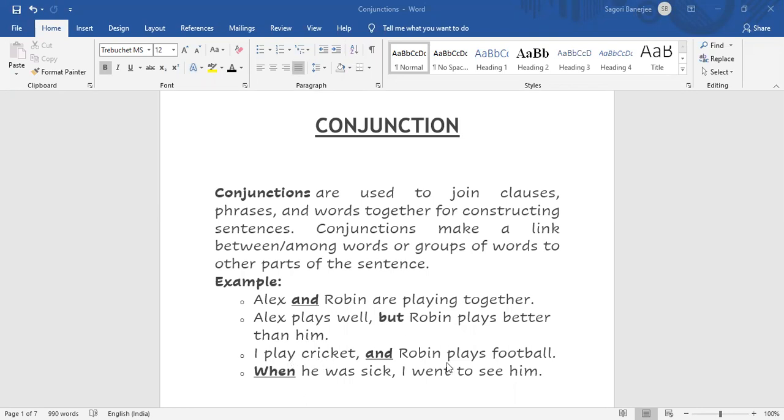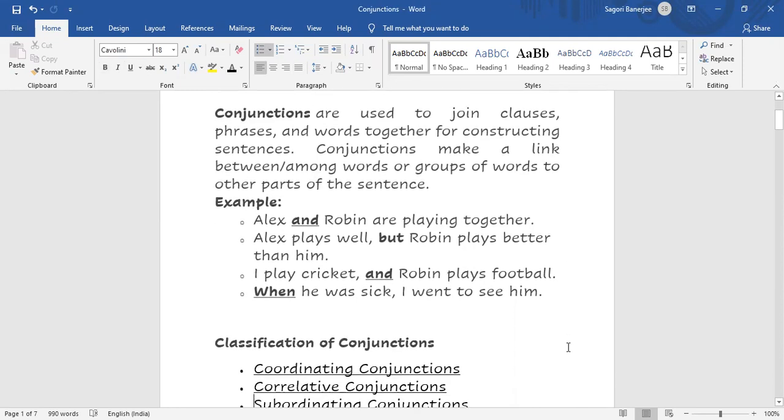I play cricket and Robin plays football. Here also you see how two clauses have been joined with a conjunction. When he was sick, I went to see him. Here also two clauses are there and joined by the conjunction when. So this is the basic concept of conjunction.